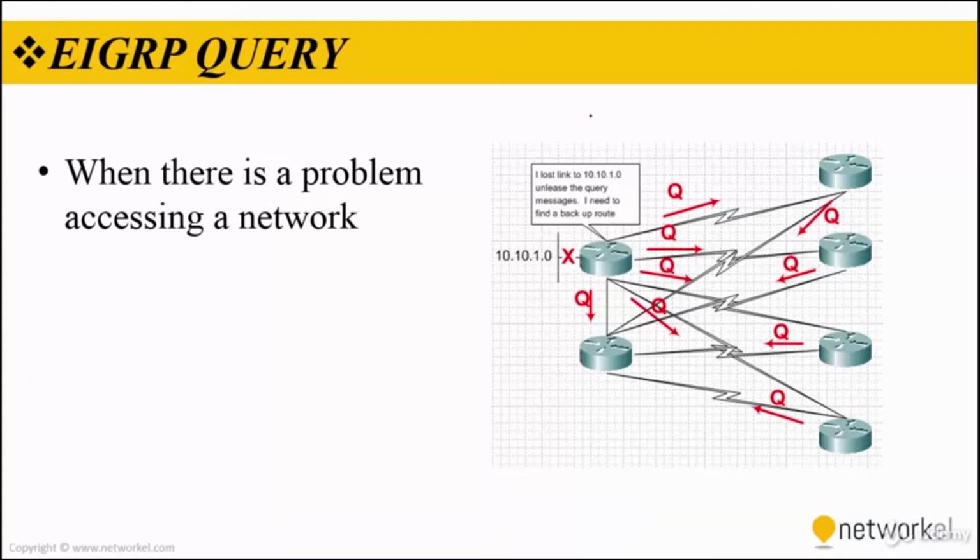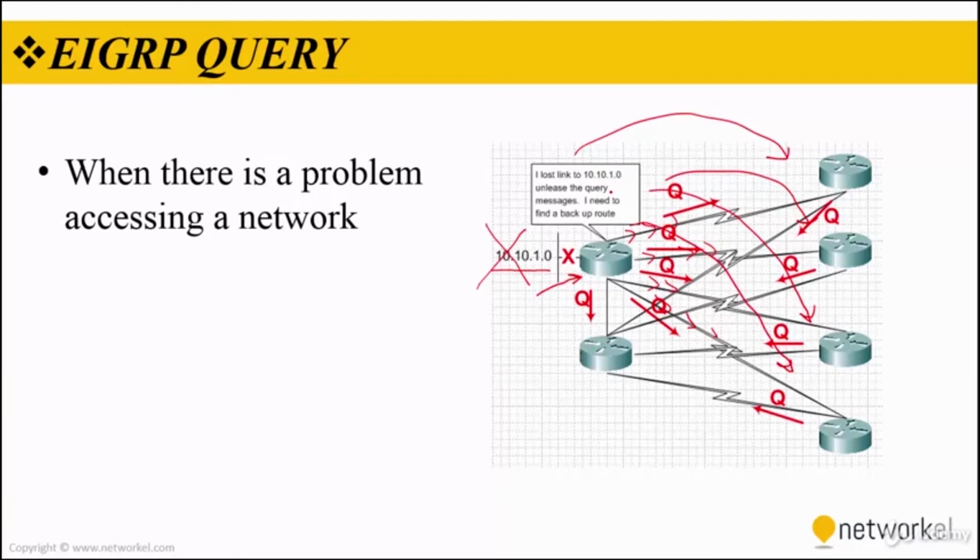Let's take a look at the figure, and let's say that this router lost the connection to the 10.10.1.0 network. Whenever this router loses this network, it sends a query message to all its neighbors in the network and says, hey, I lost my connection to 10.10.1.0.